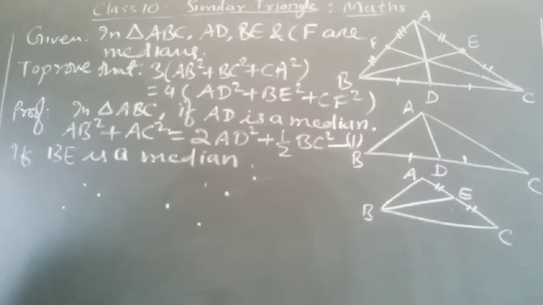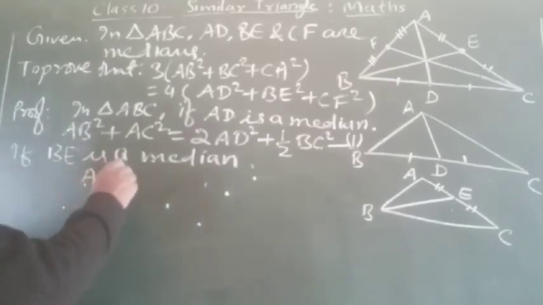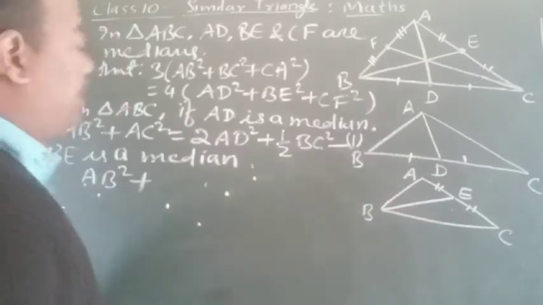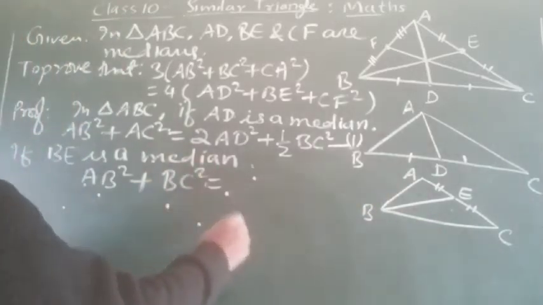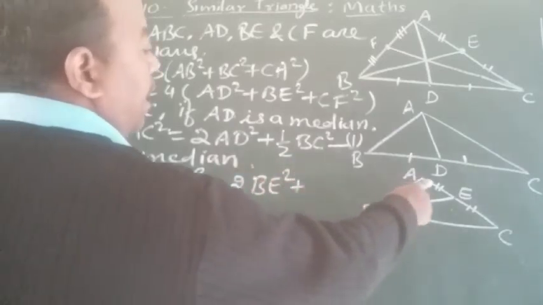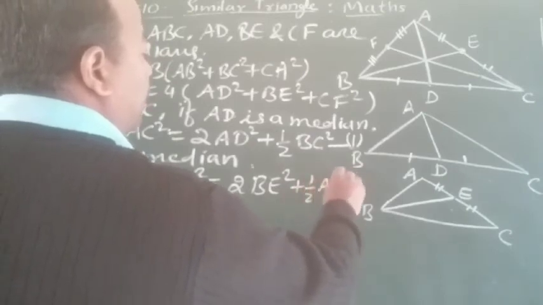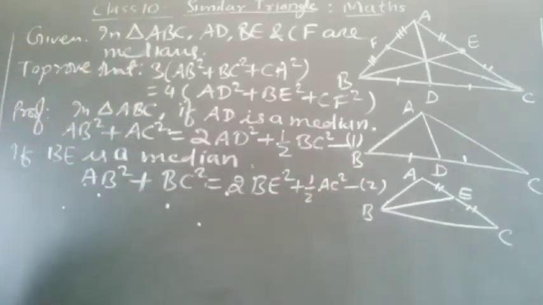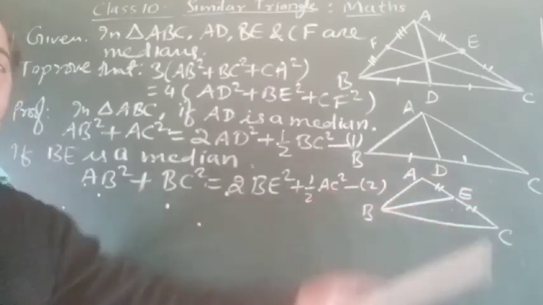It is not clear, better to use the white chalk only. So AB square plus BC square equals 2BE square plus half AC square. This is equation number 2.